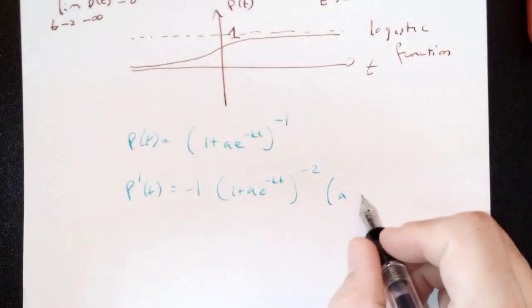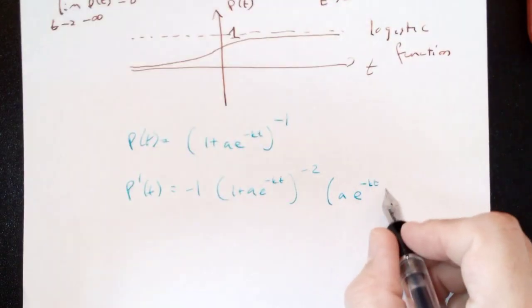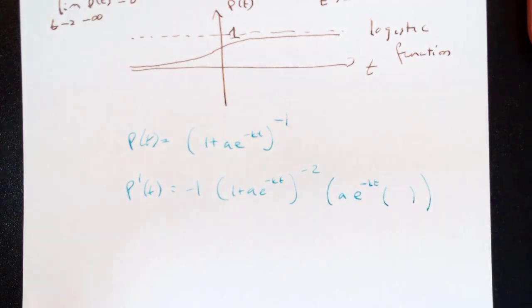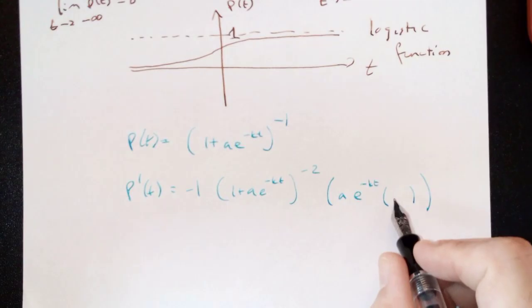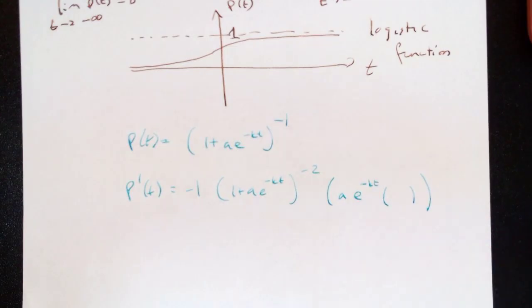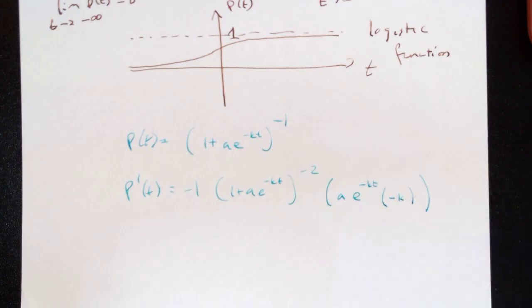The derivative of e to the stuff is e to the stuff. But wait, there's more. Order early today and we will, for extra special, give you another derivative for free. What goes here? Negative k. Number t, the derivative is number. Hey, wait a minute. I have a negative being multiplied here, and I have a negative being multiplied out there.